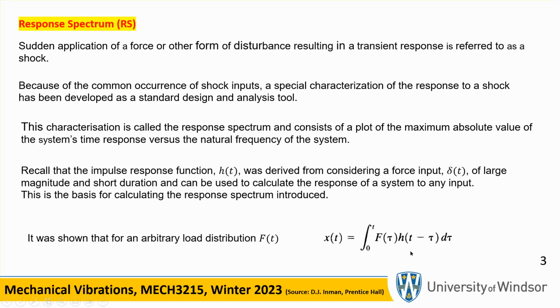And that's a fancy way of saying, do this. Incidentally, this can also be done as a shift, where you put it in the f, and for h you use tau. In other words, this is the same as the integral from 0 to t of f of t minus tau times h of tau d tau. It doesn't matter how we do it.